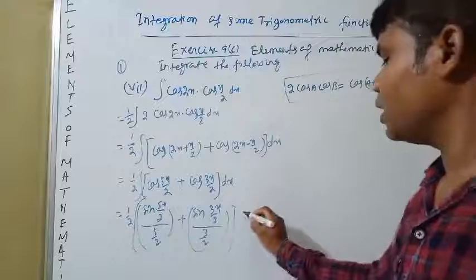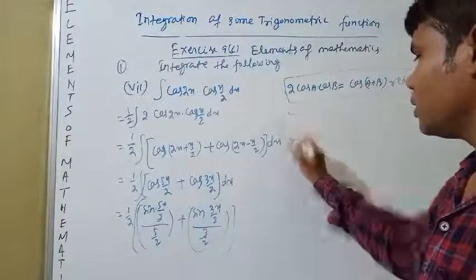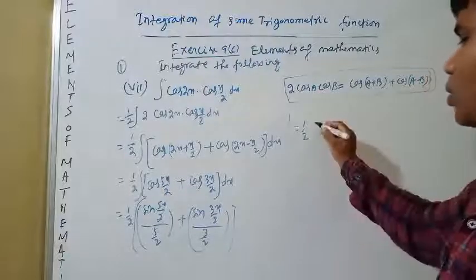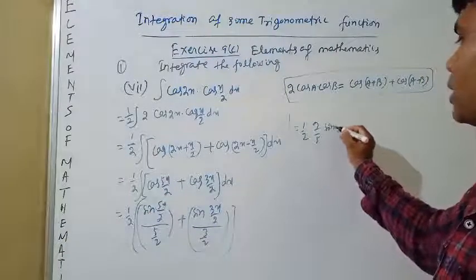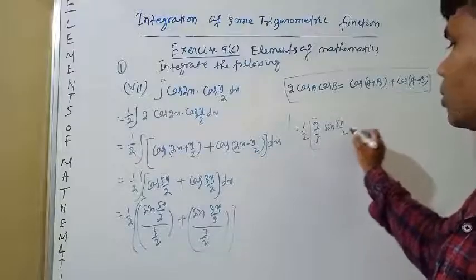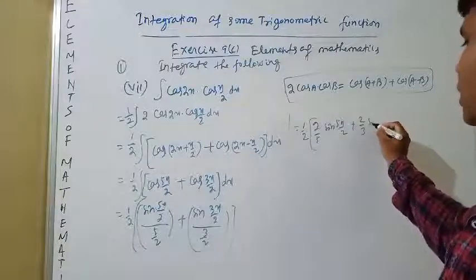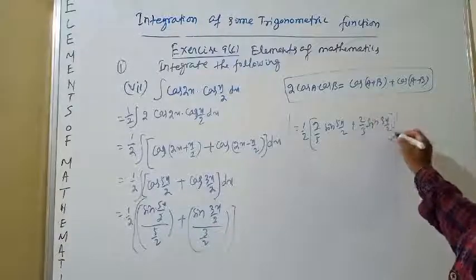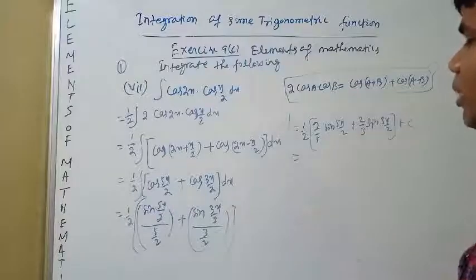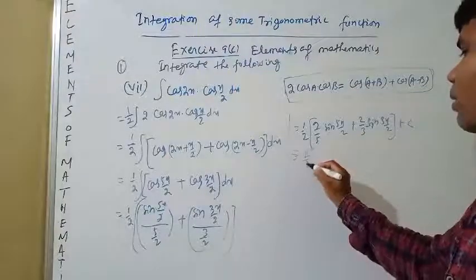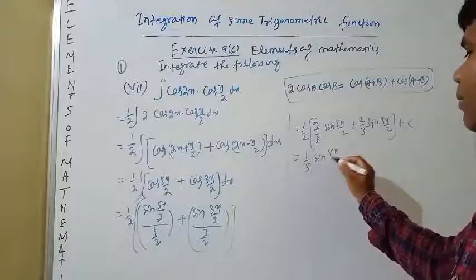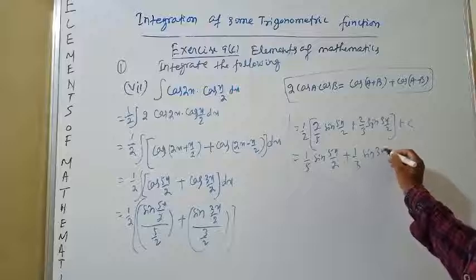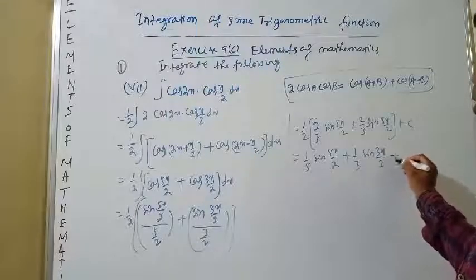This equals half times 2 by 5 sin 5x by 2 plus 2 by 3 sin 3x by 2, plus c. Multiplying with half, we get 1 by 5 sin 5x by 2 plus 1 by 3 sin 3x by 2 plus c.